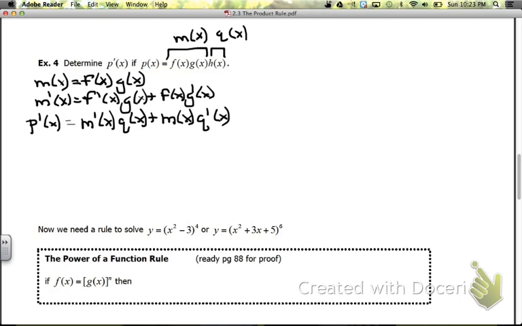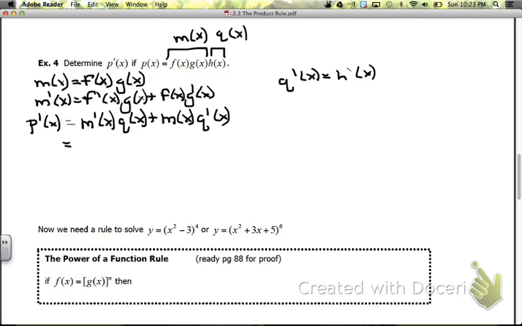And we know from above that our m of x is just f of x and g of x, and our m prime of x is just using our product rule. And our q of x is just our h of x, and q prime of x is just going to be our h prime of x, because it's just one term we're talking about.